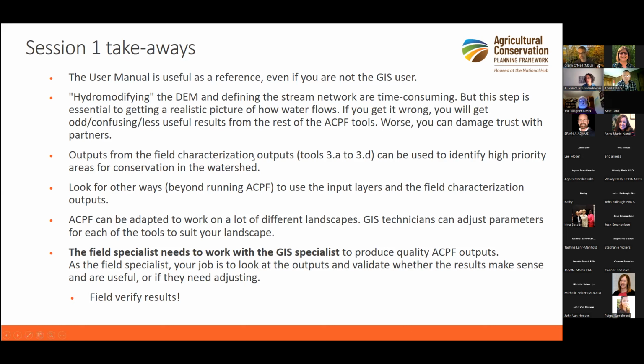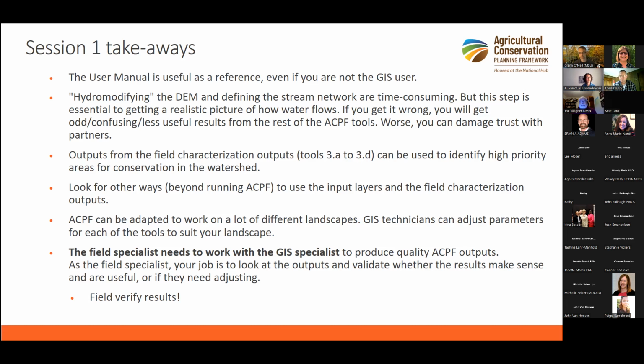If you noticed with the tools, Matt spent most of his time on the practice siting tools and how you site these practices, but don't overlook the field characterization tools as well. Those parts 3A, B, C, and D can be pretty useful in identifying the high priority areas, where the areas of concern are in your watershed.